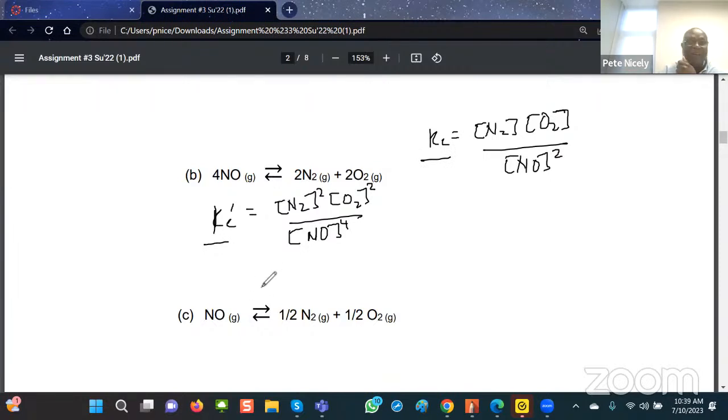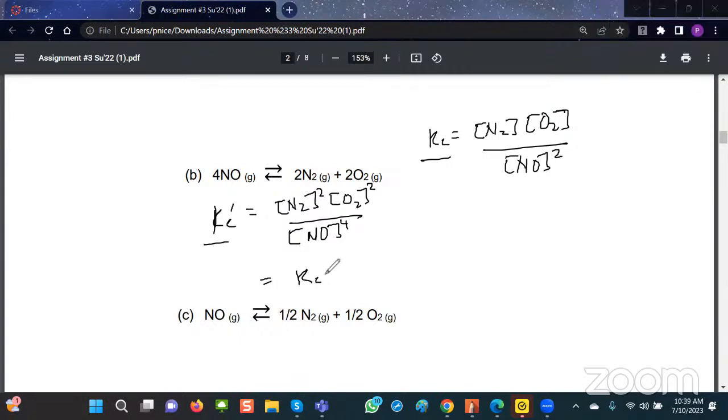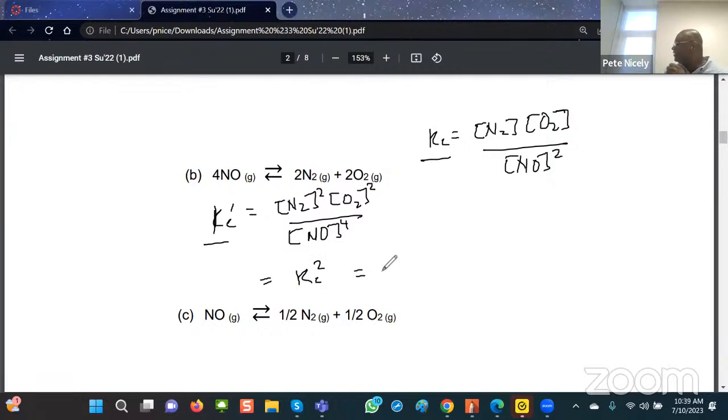Kc prime would be equal to what? Kc squared, exactly. Then we put the number for Kc in this equation: 0.145 squared, which works out to be, according to my calculation, 0.0210.